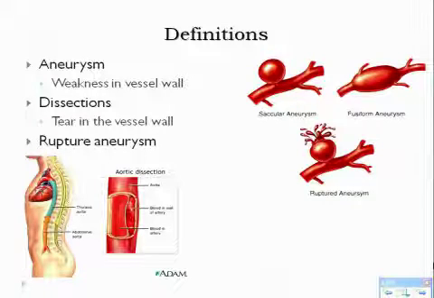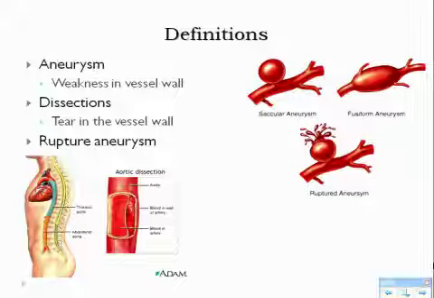Dissections, which we'll show you in a few minutes what a picture of that is, are basically a tear in the vessel wall. So there's a big difference between an aneurysm and a dissection. You can actually have totally normal blood vessels and dissect. Okay? You can also have a person who has an underlying aneurysm already, and then that aneurysm weakens and dissects. Okay?